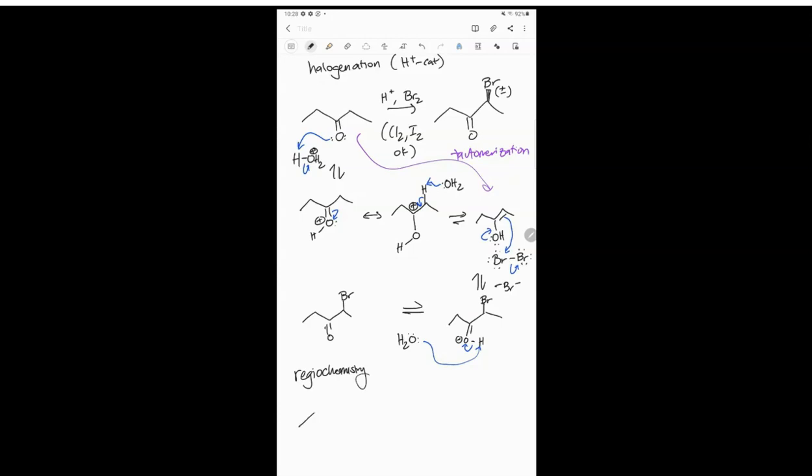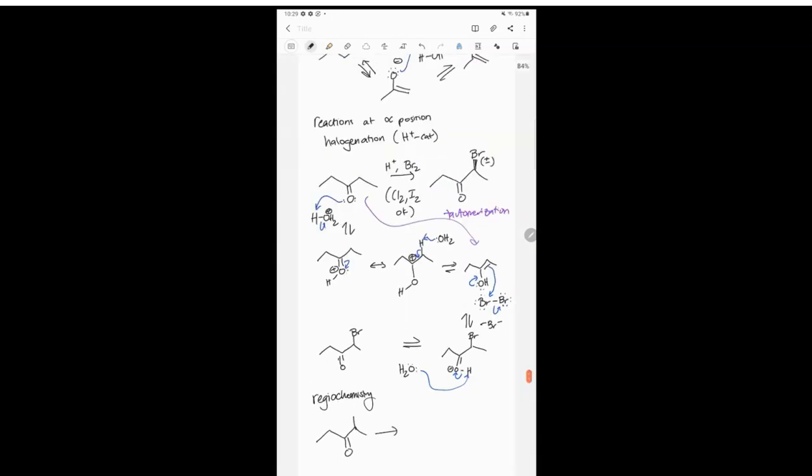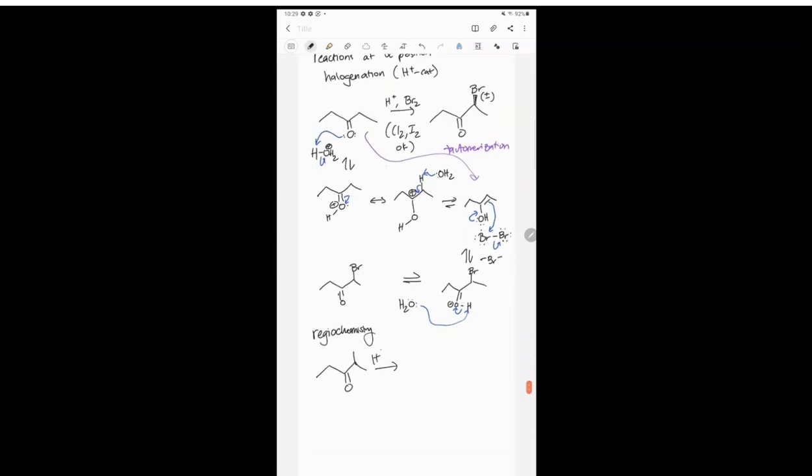If we take the same molecule and put a methyl group on there, we're going to have two potential products, right? We have two sets of alpha protons. We're going to see that the major one will be the more substituted one.